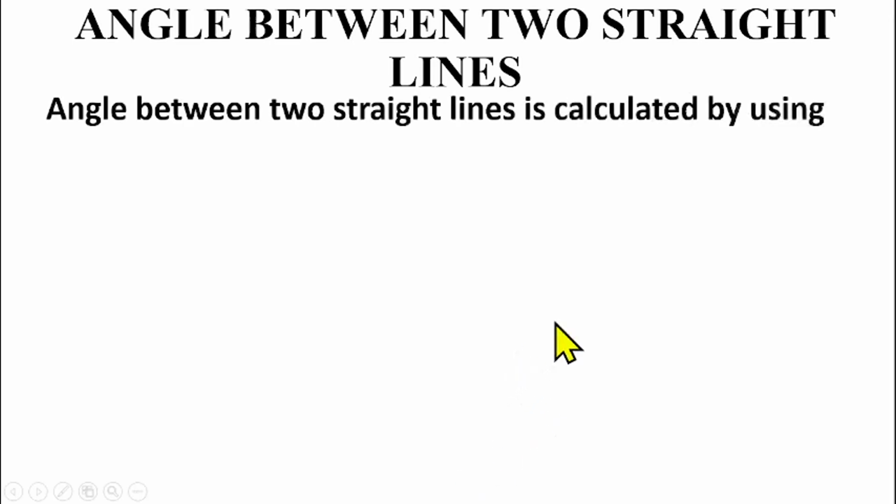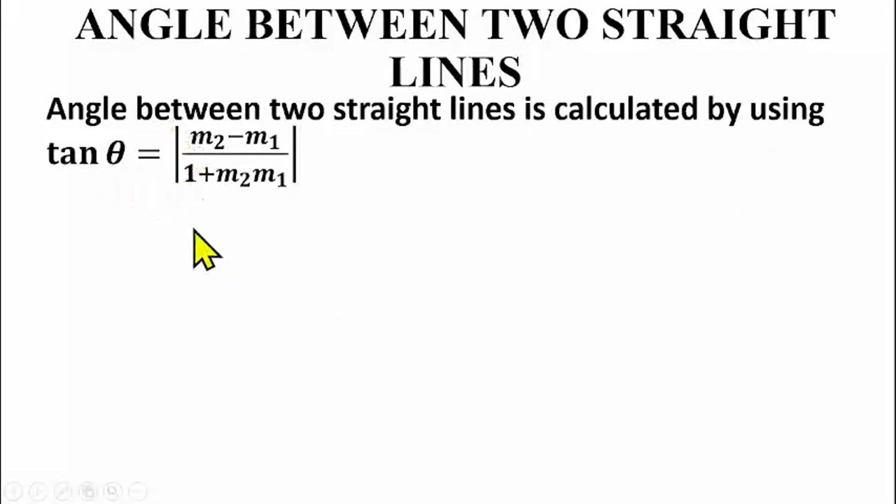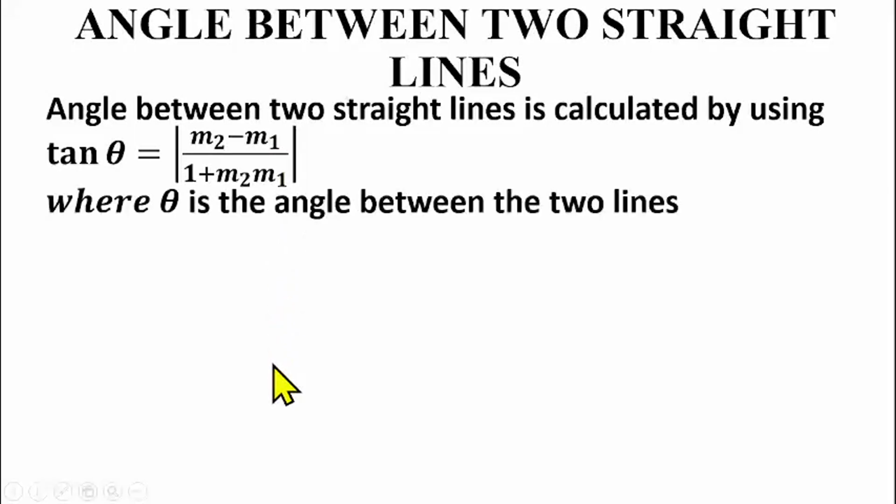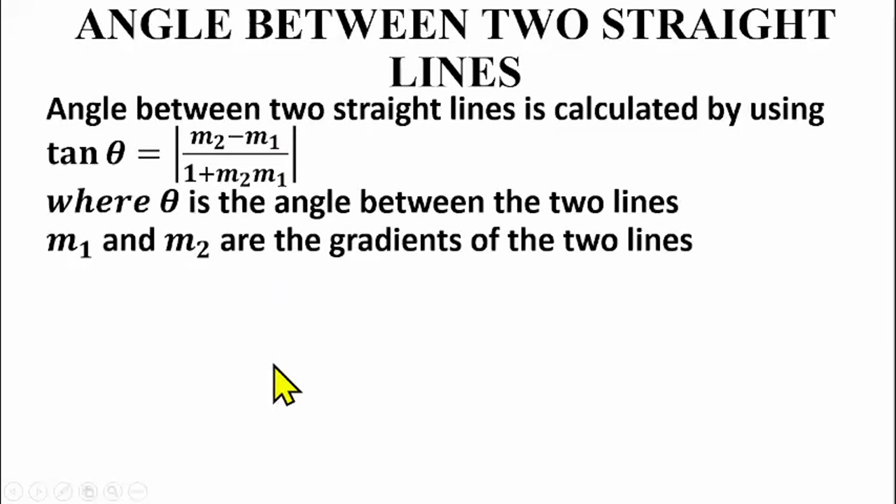To find the angle between two straight lines, we calculate it by tan theta equals the absolute value, or the modulus, of m2 minus m1 over 1 plus m2 m1, where theta is the angle between the two straight lines, and m1 and m2 are the gradients of the two straight lines involved in the question.